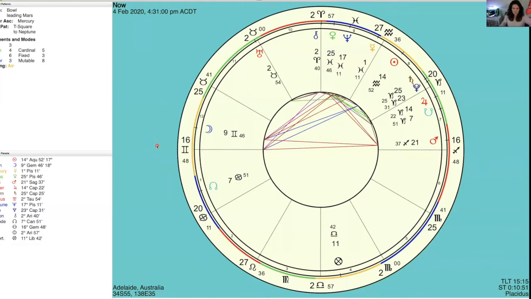Now, I made this chart a few moments ago. So this would be the chart for a person born in Adelaide, Australia. You can see down here the location, the longitude and the latitude, on this date, at this time of the afternoon.